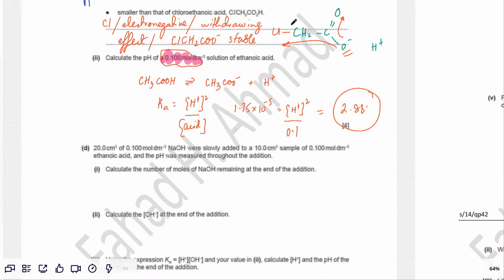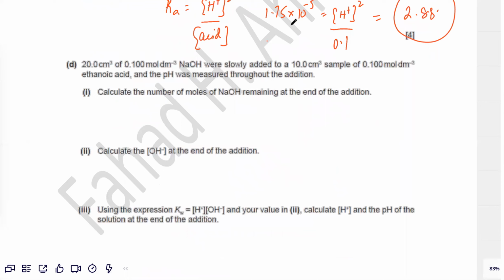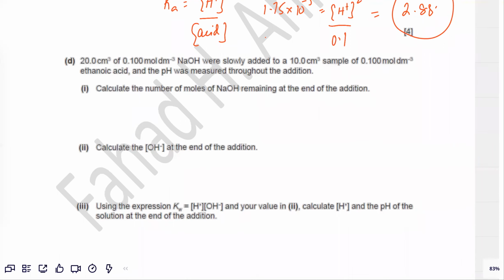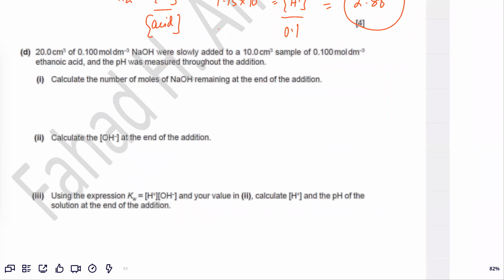So now next is, now what is he up to? What he's doing is he's trying to create a buffer now. He's taken 10 cm cube of 0.1 mole per dm cube ethanoic acid. So let's assume there's a flask, and that flask contains ethanoic acid, which is CH3COOH.